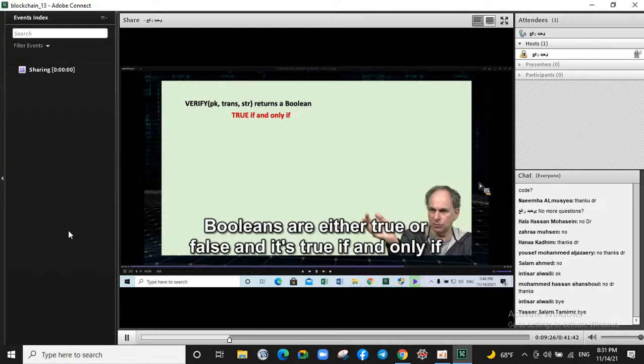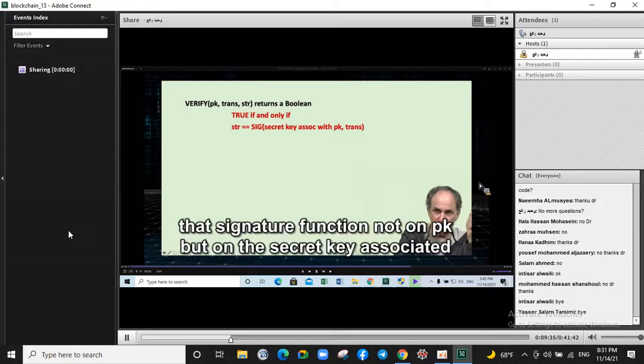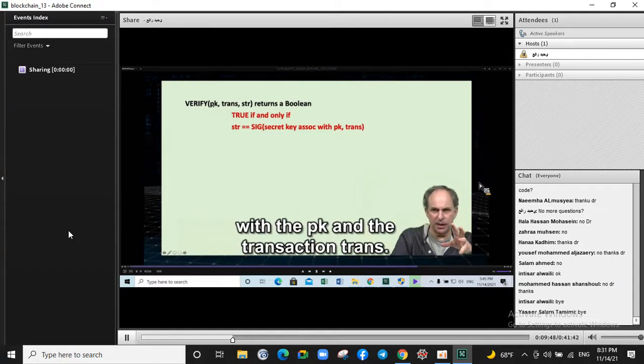So Boolean's either true or false, and it's true if and only if the string, the last input, is equal to applying that signature function not on PK, but on SK, the secret key associated with the PK and the transaction trans.